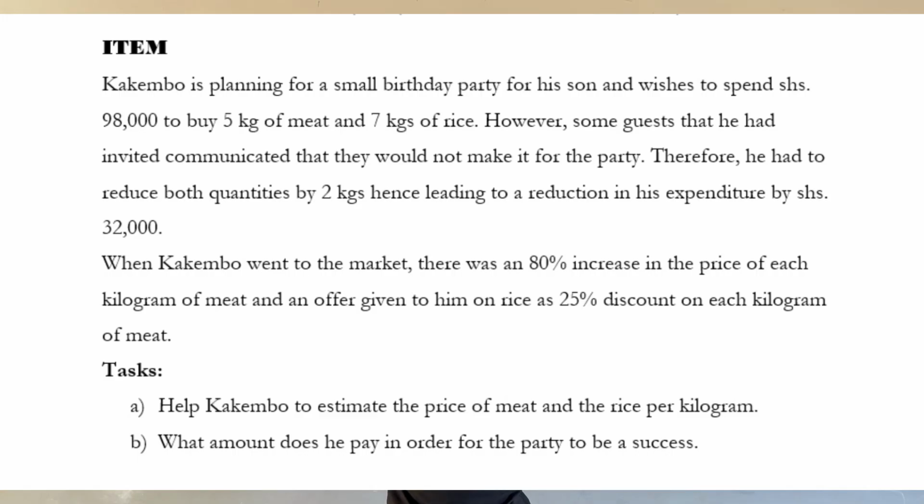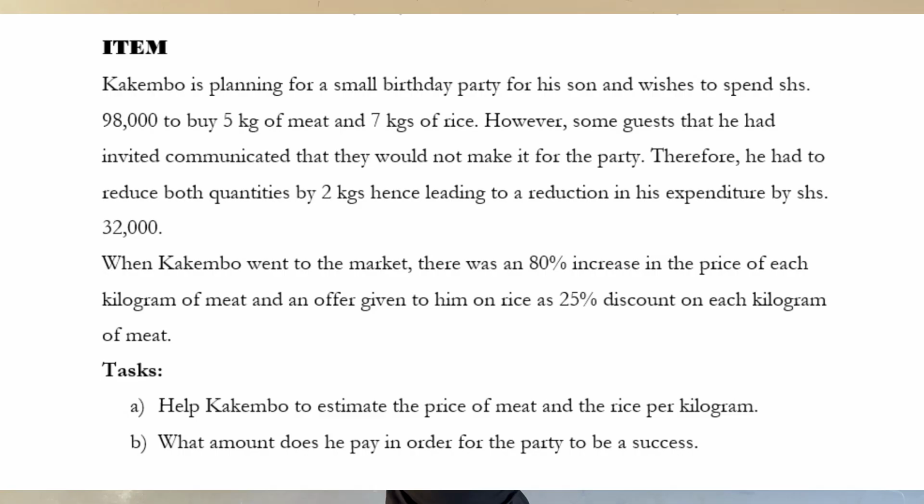When Kakembo went to the market, there was an 80% increase in the price of each kilogram of meat and an offer given to him on rice as a 25% discount on each kilogram of rice. Tasks.